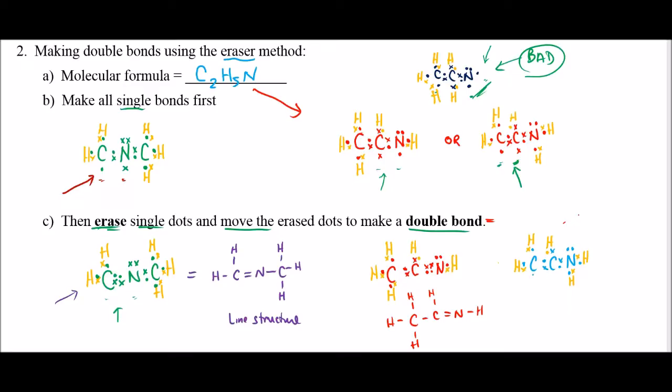So there's one lonely dot here and another lonely dot here. They'll move to the middle. So there's now a double bond right here. So I can draw that one. I'm just tracing the original diagram where a shared pair of electrons is a bond.